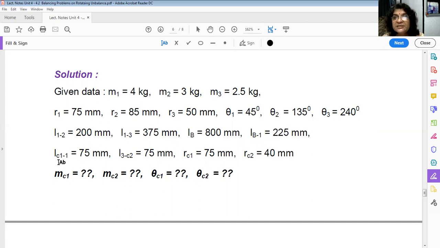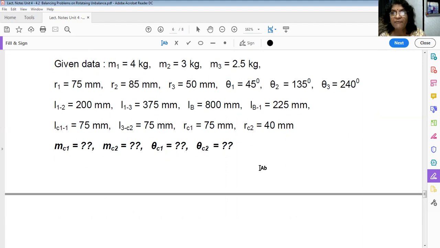Then the distance of C1, that means the counter mass, from mass number 1 is 75 mm. Then the distance of counter mass MC2 from the third mass is 75 mm. Okay, and then the eccentricity of MC1 is 75 mm, and the eccentricity of MC2 is 40 mm.